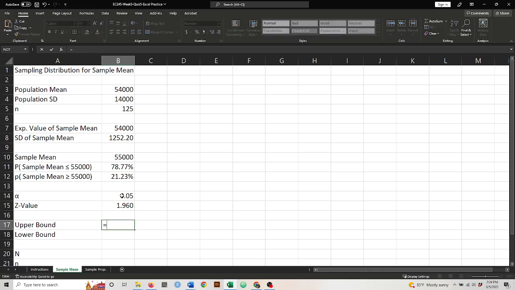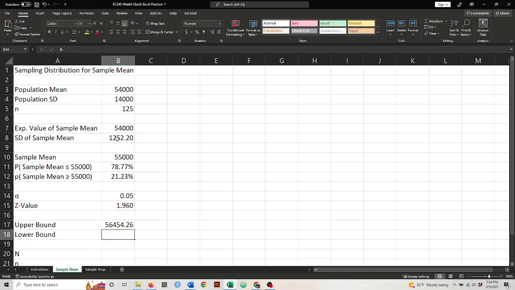We can get our upper values, again, following the same pattern of the video, the same structure. It's essentially what we're looking for here to get that upper bound. The sample mean or the population mean, either one in this case is okay. It ends up being the same value plus then the z value multiplied by the standard deviation of the sample mean should give us that upper bound that we have here.